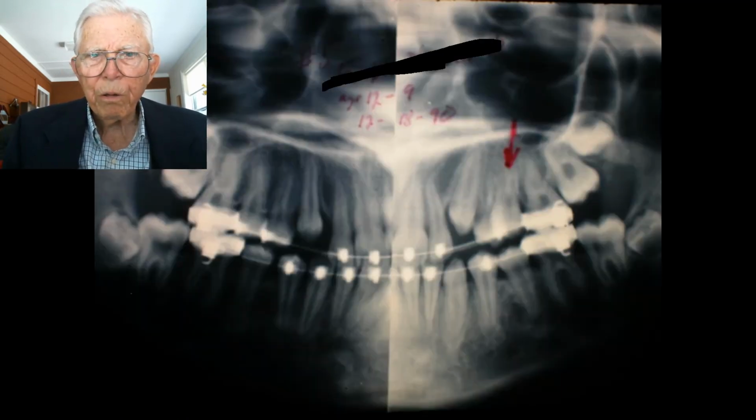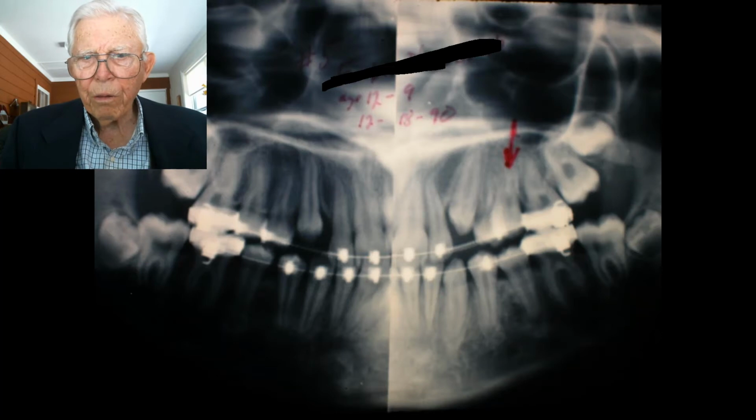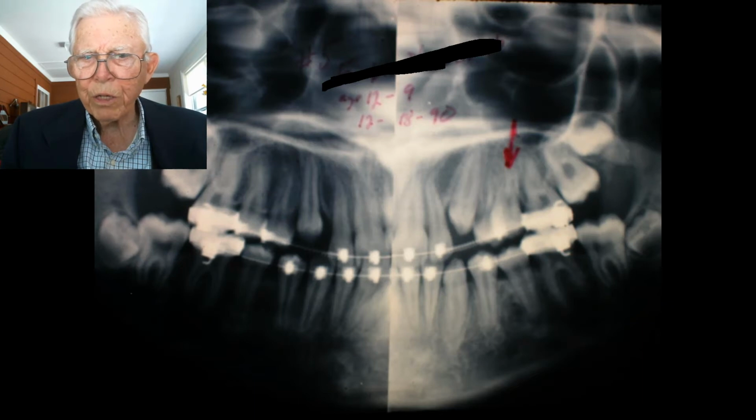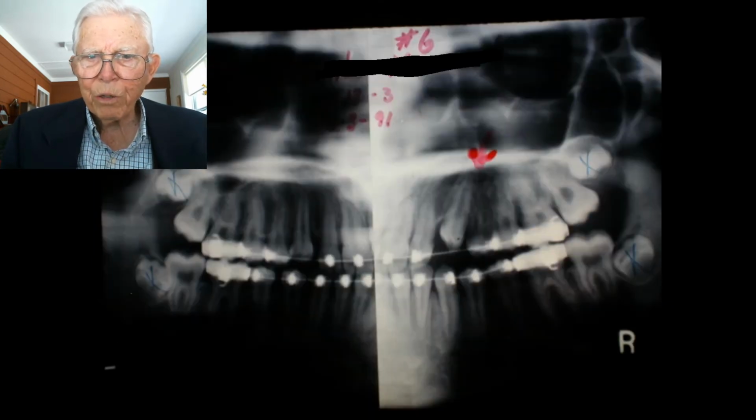So we go here. Now here we're getting a little more room, and we've got almost room for the teeth to come in, and we continue to expand that, and we make more room than we actually need to bring the tooth into place.